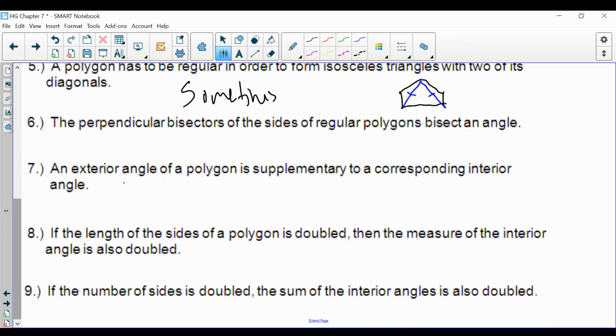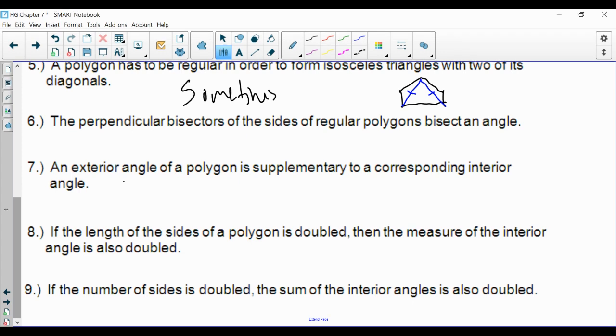Okay. The perpendicular bisectors of the sides of regular polygons bisect the angle. Well, we know this to be true for triangles, right?